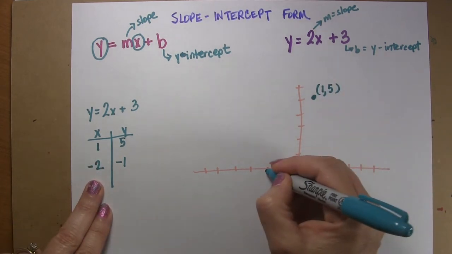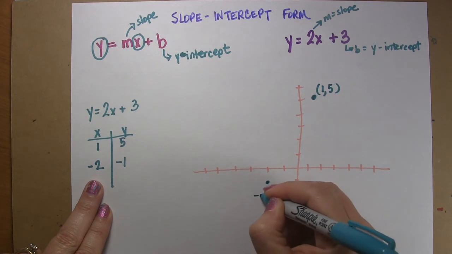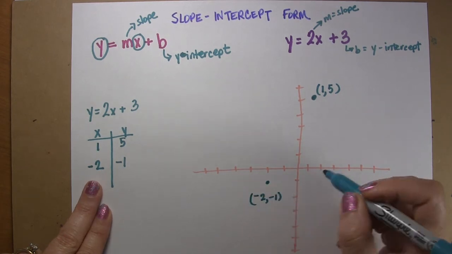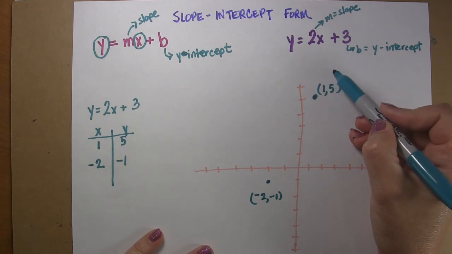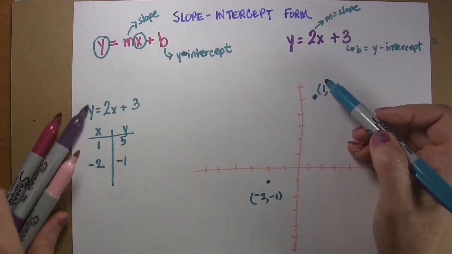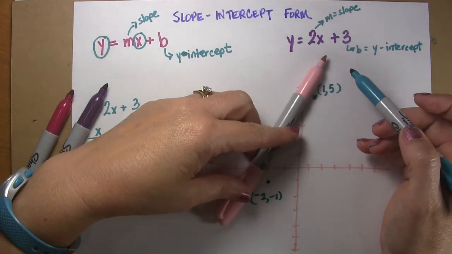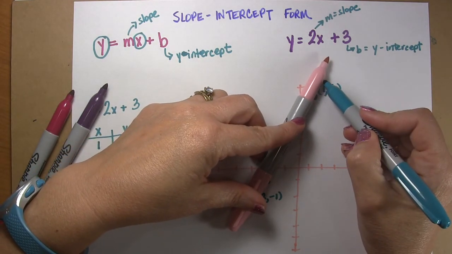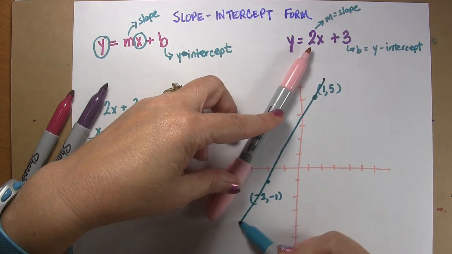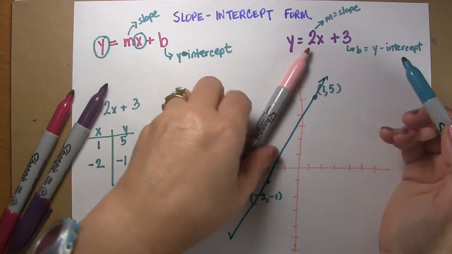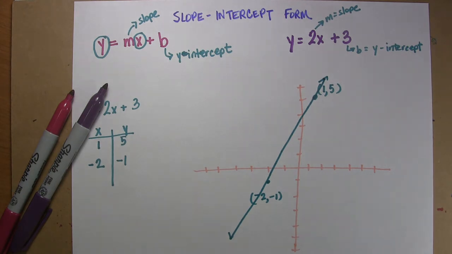And (-2, -1). And I am going to draw myself a very ishy line right here, kind of like this. Okay. All right, so that's what my line is going to sort of look like.